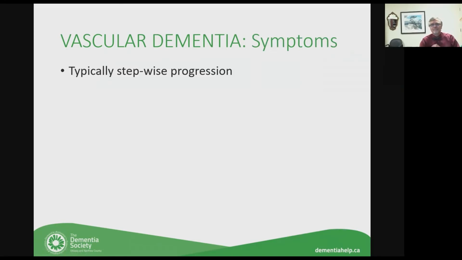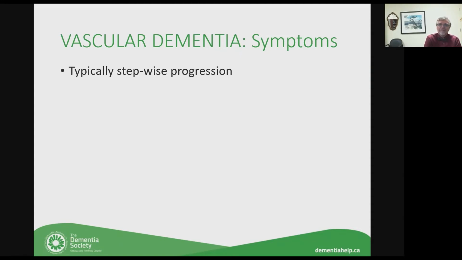So we talked about Alzheimer's disease and how it starts in one part of the brain and then spreads out to other parts of the brain, and it's gradual, and over time it affects functioning. Well, vascular dementia is a little different, because here, every time you get another little clot that gets stuck somewhere in the plumbing, you're going to have another change. It may happen over a couple of days, but it will be a change.